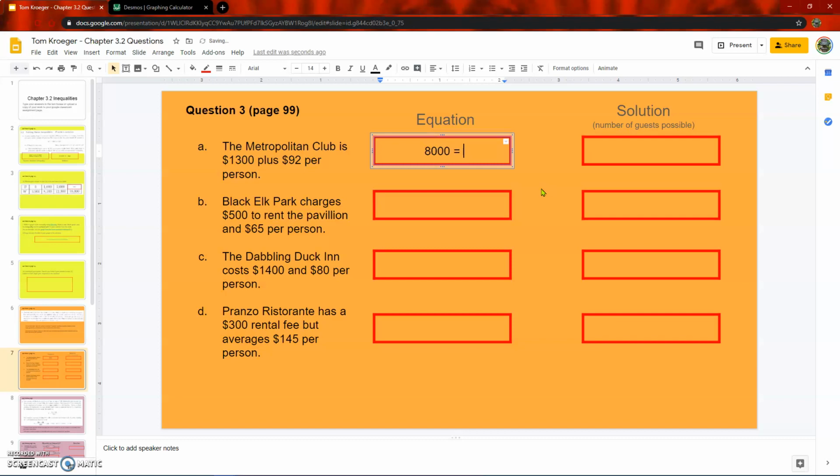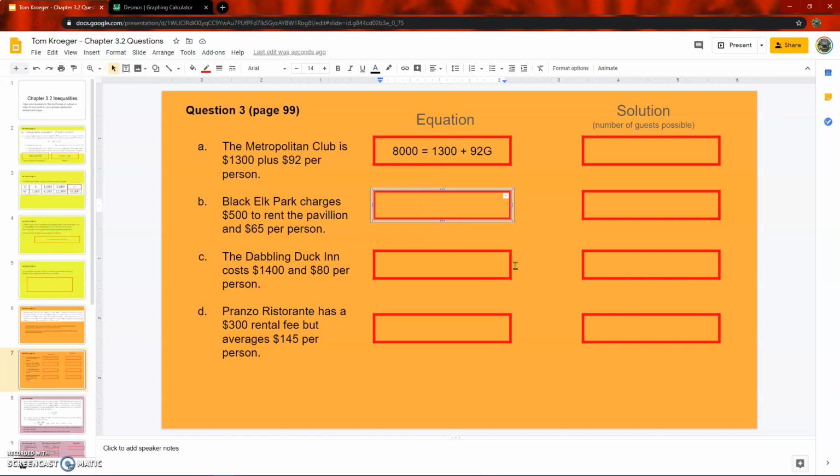So that means that the $1,300 plus the $92 per person has to equal $8,000. It could be less too. We could write an inequality. There's a way you could write an inequality for that as well. But that is the equation. They need the number of guests to equal $8,000.